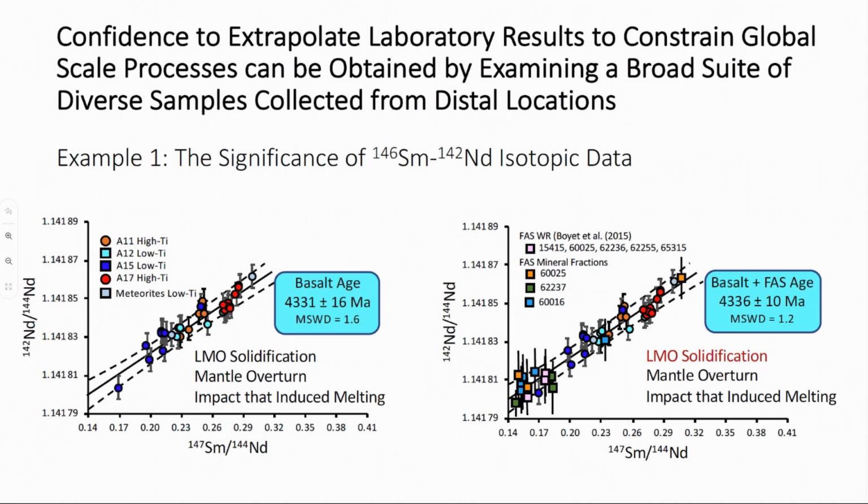And because they're from a different location, this provides more indication of what this actual basaltic chronology might mean. It suggests that the ferroan anorthosites and the basalts both have to be produced by a single process, and as a result, this more likely favors the solidification of a magma ocean.